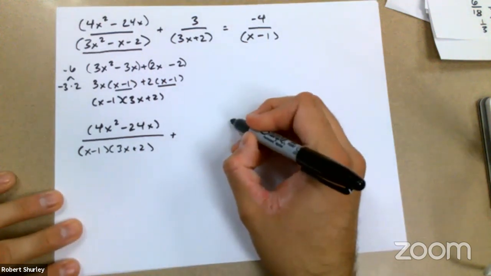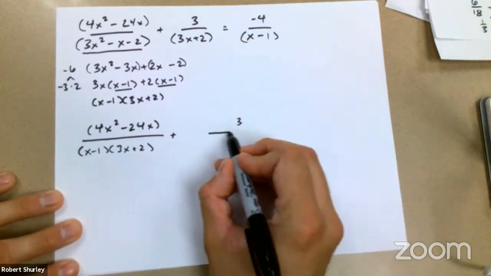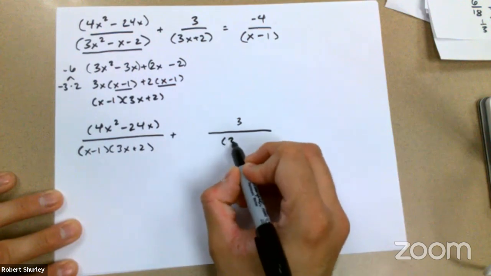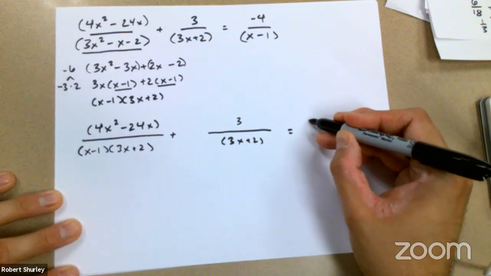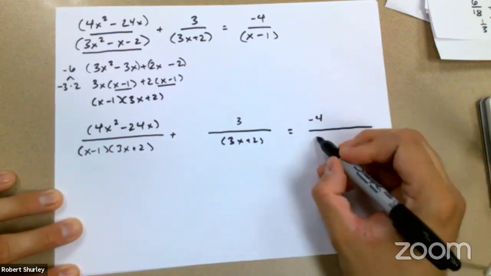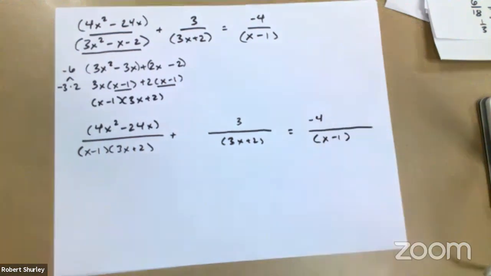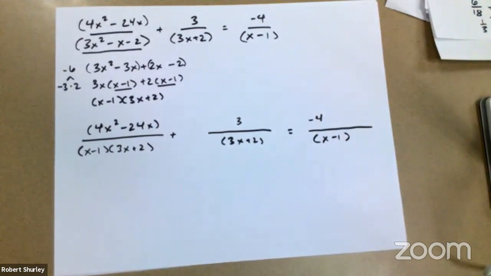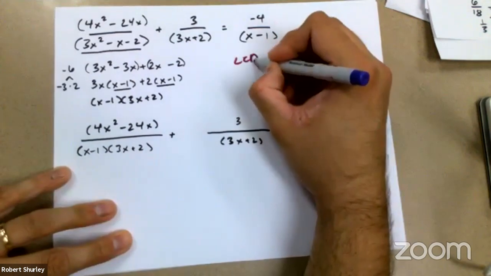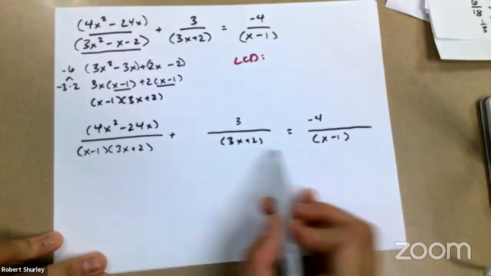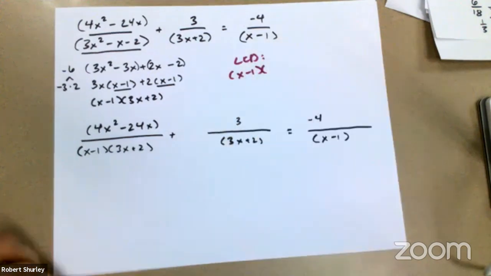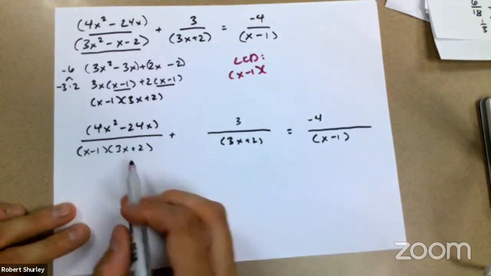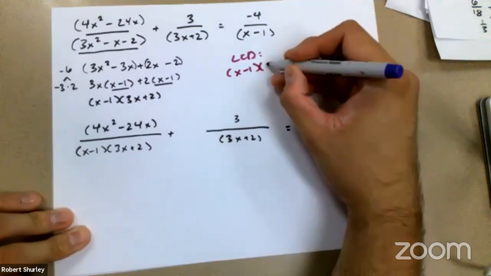So I'm going to say plus 3 over 3x plus 2 equals negative 4 over x minus 1, okay? And notice if I wanted to get an LCD here, this factor, x minus 1, is in 2 of the factors, so I know x minus 1 has to be one of the factors in my LCD, right? 3x plus 2 has to be the other factor.